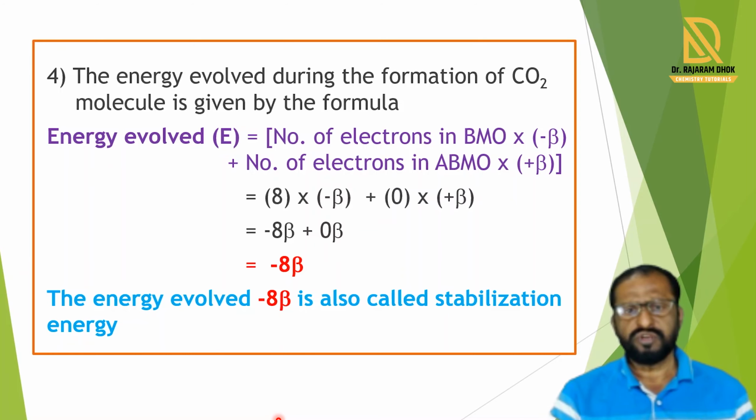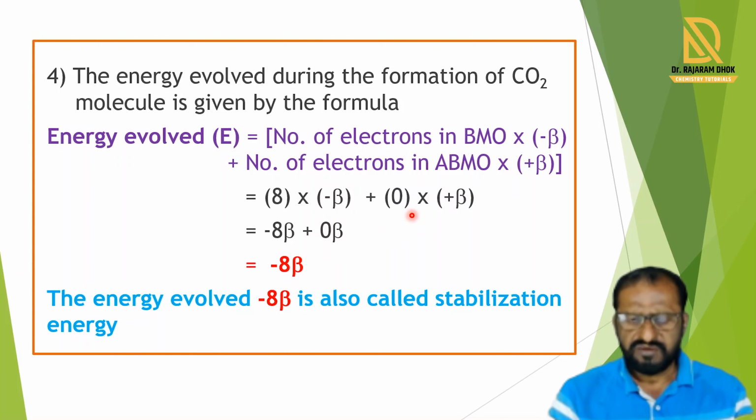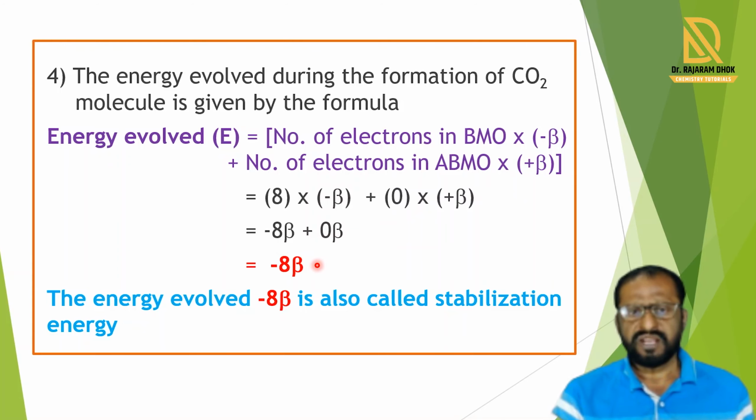So in bonding molecular orbitals 8 electrons are present, multiplied by minus beta, plus 0 electrons present in antibonding molecular orbitals, and so minus 8 beta plus 0 beta. So by calculation we get minus 8 beta. So this minus 8 beta is the energy evolved during the formation of CO2 molecule, and this energy is very large, and so CO2 molecule is a stable molecule.